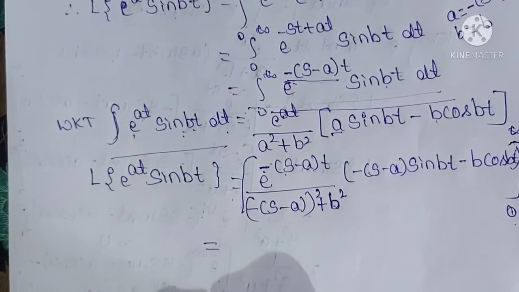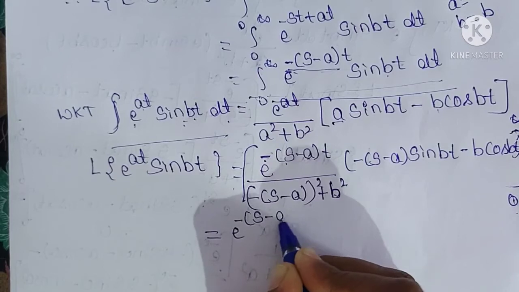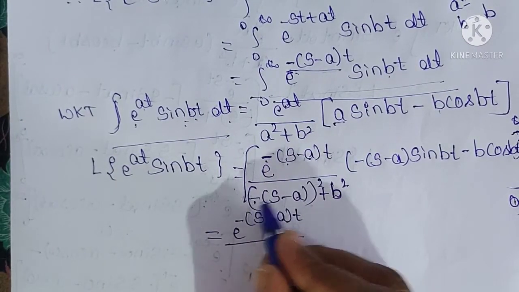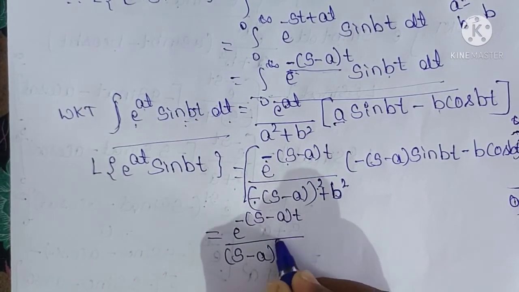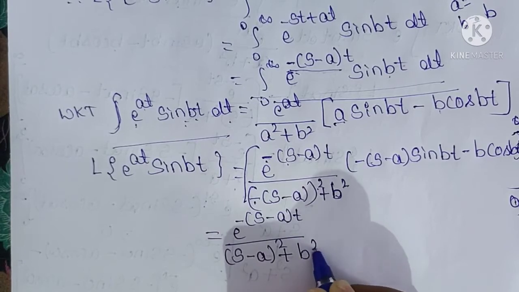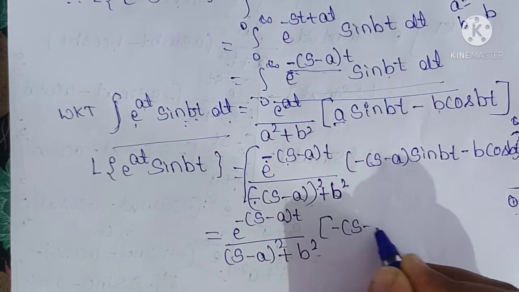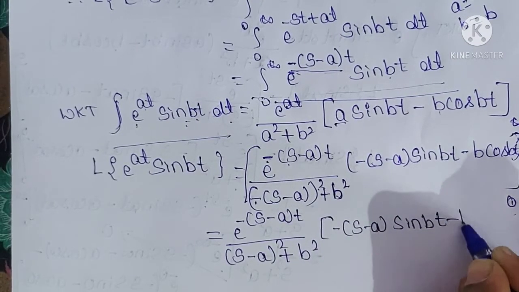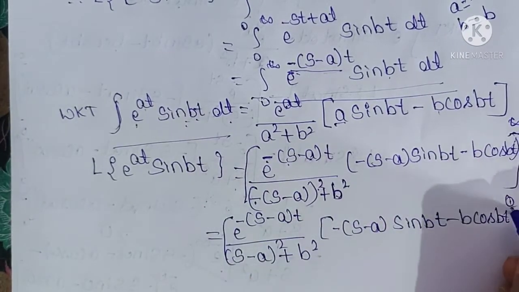This implies e to the power of minus s minus a into t divided by minus s minus a whole square, plus b square only. Remaining we will get s minus a whole square plus b square, minus s minus a sin bt minus b cos bt, limits 0 to infinity.